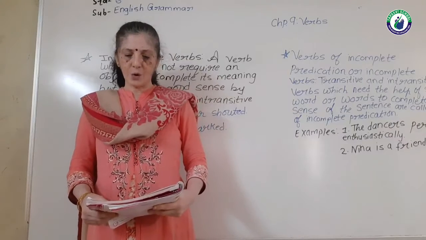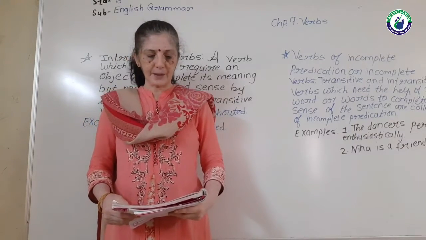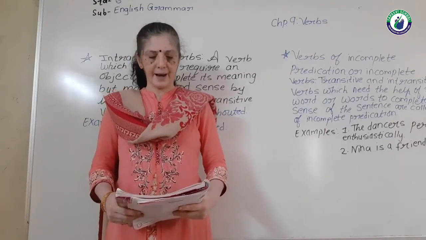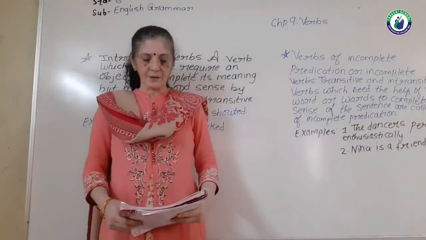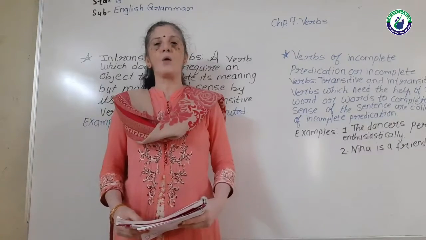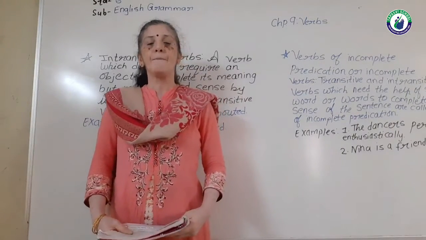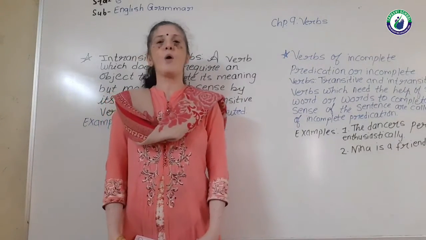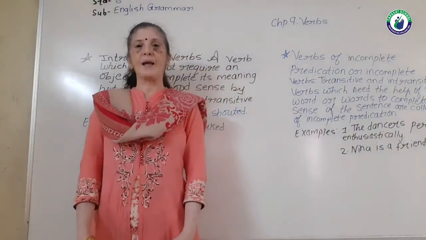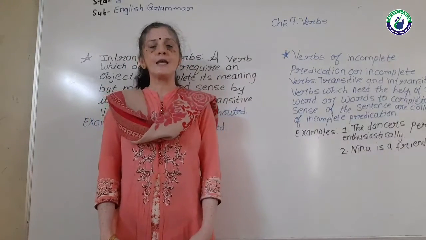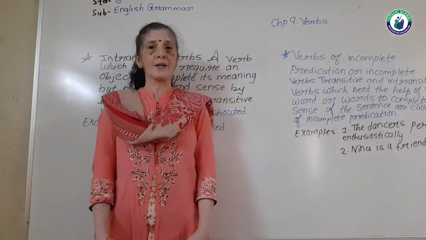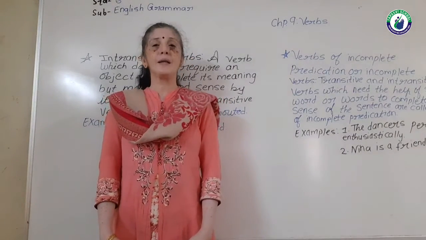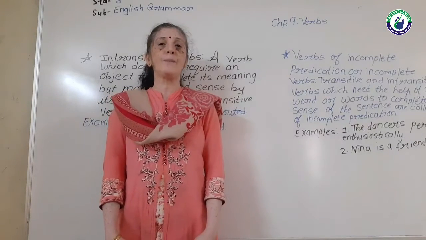But when the words honest, a good sportsman and interesting are added, the sentence is completed. The verbs is and was are called incomplete verbs. See here, it is written the boy is honest, the play was interesting. See, is and was, right? They are not action words, but they require some words to complete the meaning.